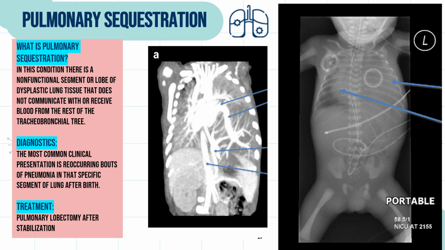The most common clinical presentation is recurring pneumonia in that specific segment of the lung. And actually most situations call for a complete pulmonary lobectomy after stabilization after birth. Moving on.